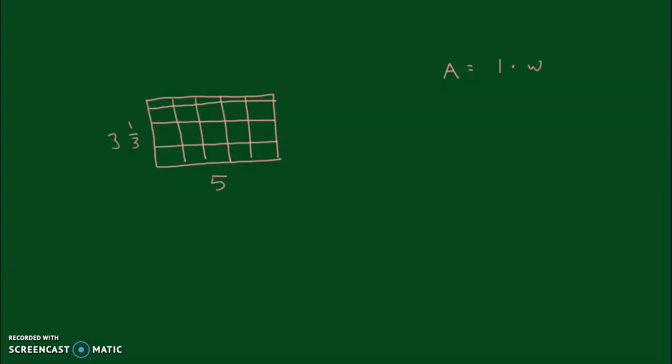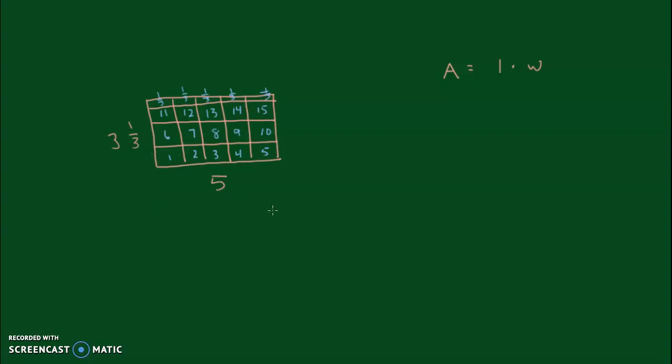As I'm going through this, remember there's a number of ways to do it. One of the ways is by counting squares. So 1, 2, 3, 4, 5, 6, 7, 8, 9, 10, 11, 12, 13, 14, 15, and then this is 1/3, 1/3, 1/3, 1/3, and 1/3. Sorry, that's so hard to see.